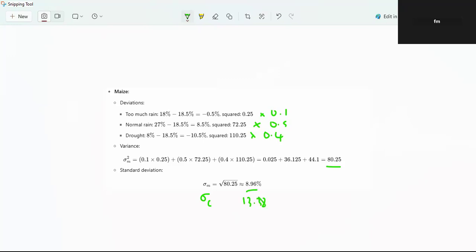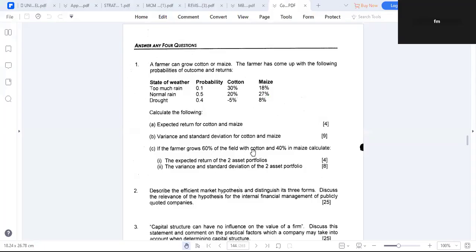Lastly, the examiner is asking us to calculate, if the farmer grows 60% of the field with cotton and 40% with maize, what is the expected return? Let me ask: the higher the standard deviation, the higher the volatility, or the risk? Yes.